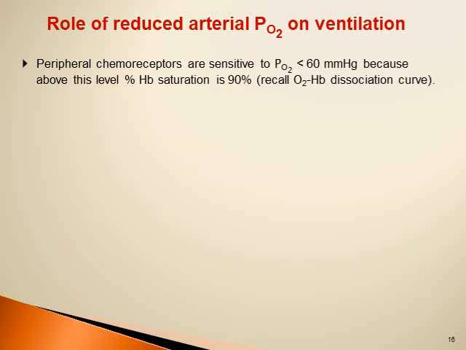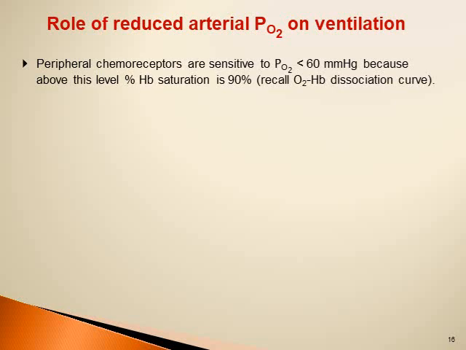Peripheral chemoreceptors are sensitive to partial pressure of oxygen below 60 millimeter mercury because above this level, the percent saturation of hemoglobin with oxygen is 90%. If you go back to the hemoglobin oxygen dissociation curve, you will see that in the range between 60 and 100 millimeter mercury of oxygen, the oxygen saturation is between 90 and 100%.